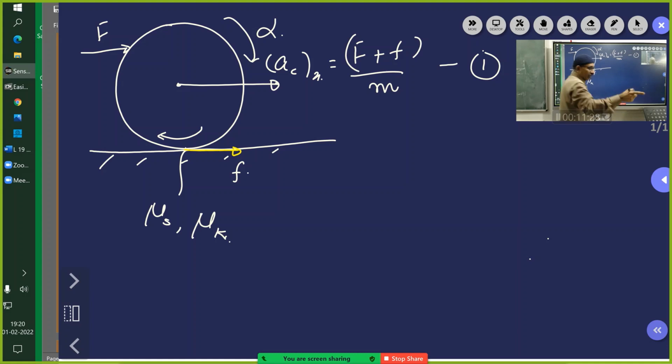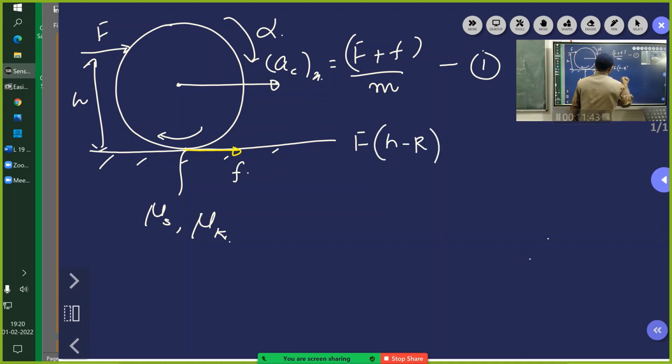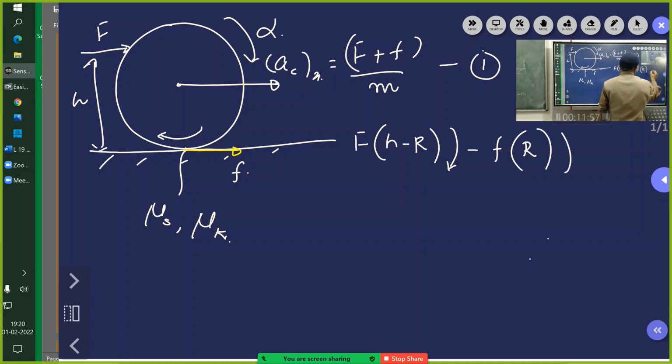Now come to the rotational part. What will this be? Due to capital F, the torque is F into (h minus r), and due to f, minus f into r will be anticlockwise.